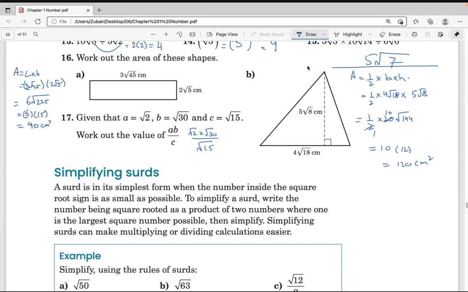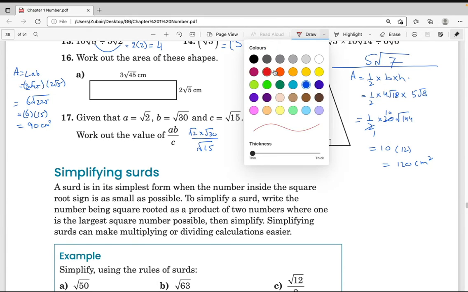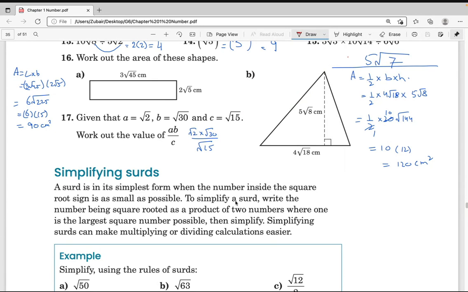So it will be 4 under root. 15 one times, 15 four times, and square root 4 is 2. Or in other ways, 2 into 30 was square root 60 by square root 15, which again equals 2.